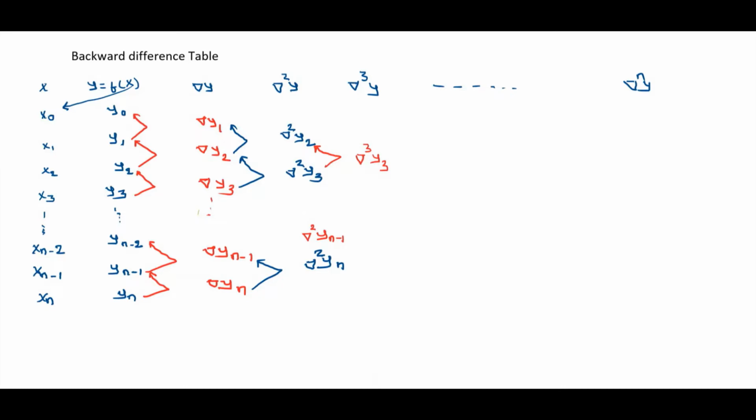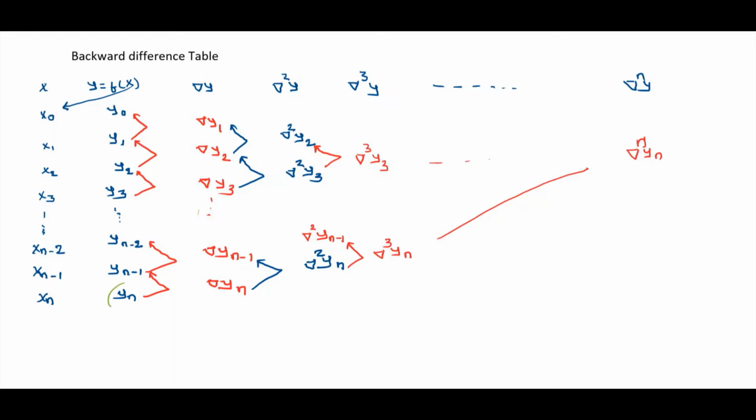If you subtract del square yn minus 1 from del square yn, that is this one minus this one, which gives del cube yn. Continuing in the same way, at last this value is equal to del raised to n yn.